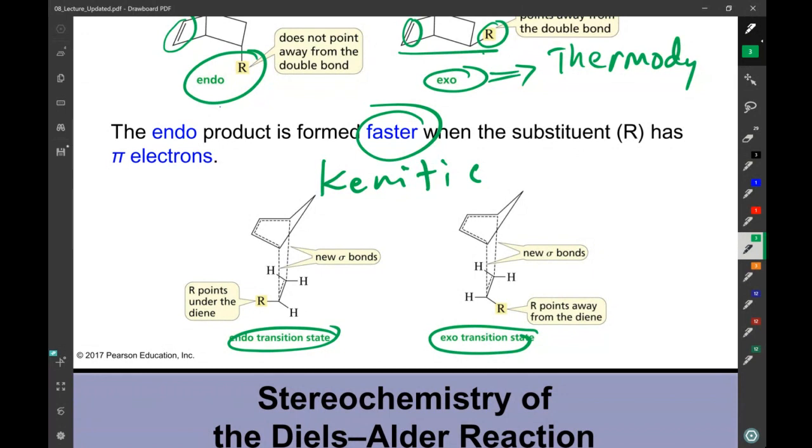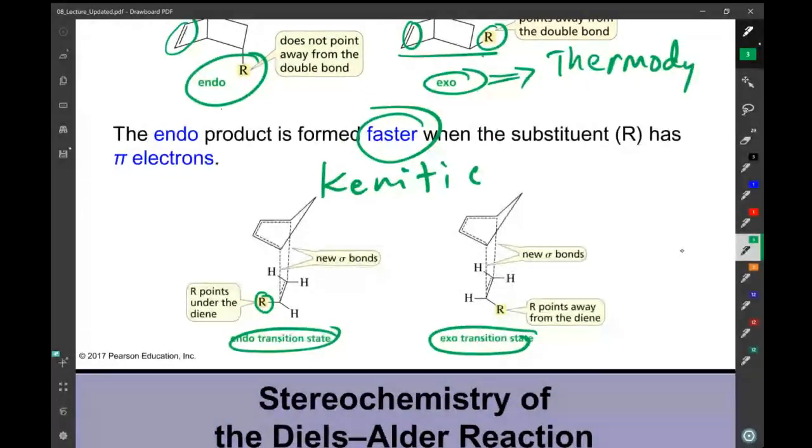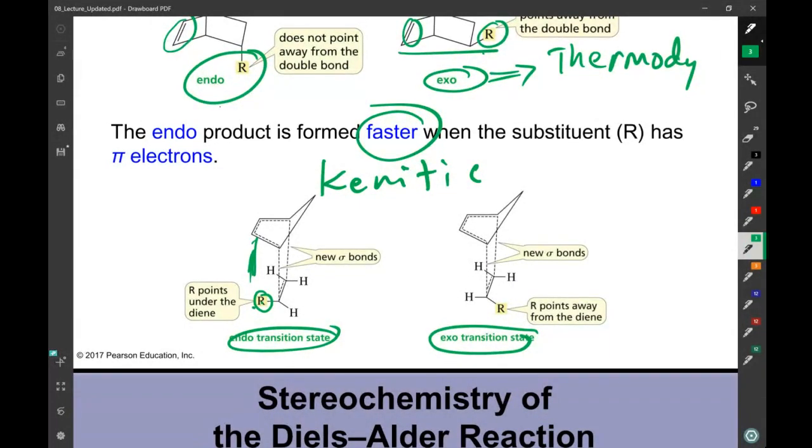If you look at the transition state, you'll notice that, depending on what this substituent is, you can easily have interaction between the R group and the double bond. And that interaction usually gives stability to the transition state. And remember, when the transition state is stable, the reaction goes faster. That's basically what I want you guys to appreciate.